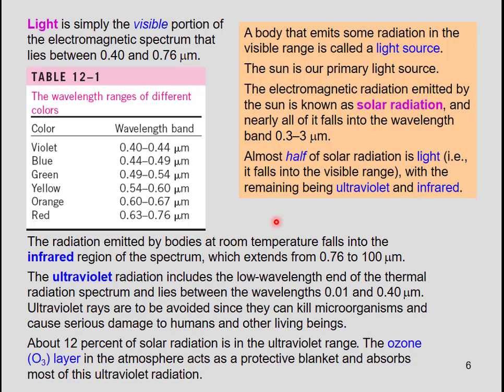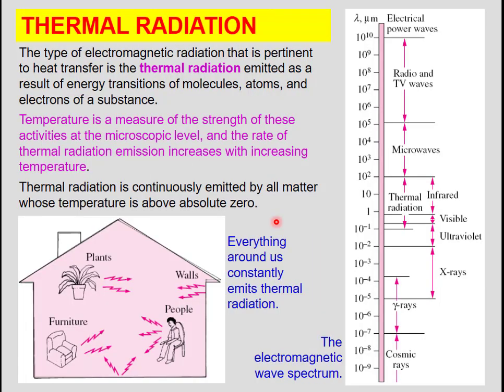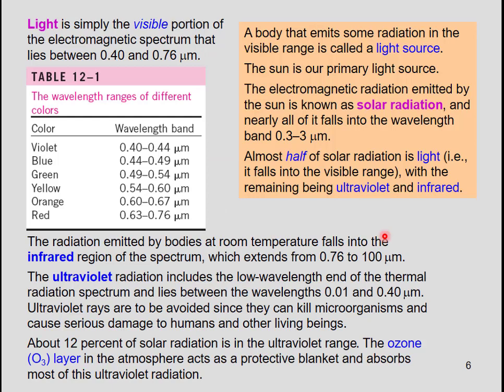And half of this solar radiation is light, or it falls into the visible range, as you can see here. This is the visible range, this is the solar radiation from 0.3 to 3, most here. So half of that is in the visible range.